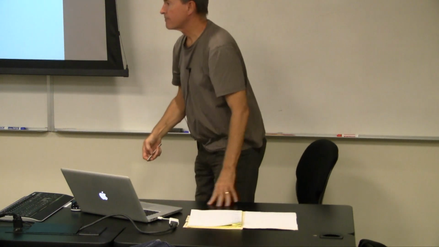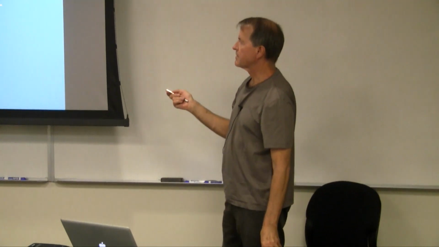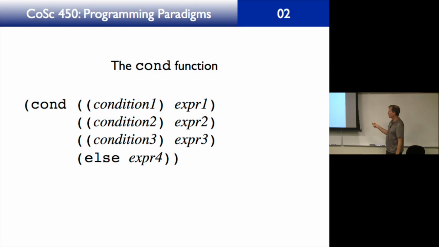Yeah? And then we looked briefly at this slide. Here on this slide, we have the form of the condition function, COND. What COND does is it allows us to not have all those ugly nested ifs.